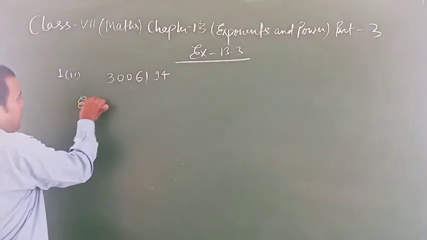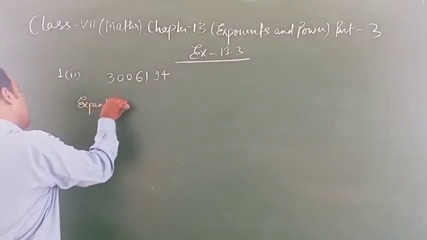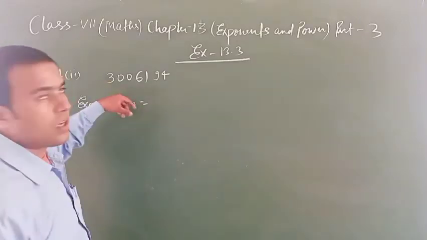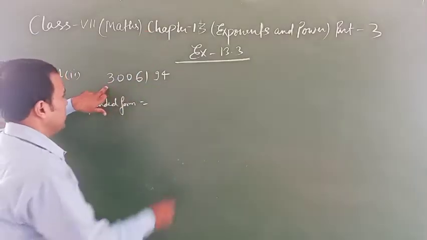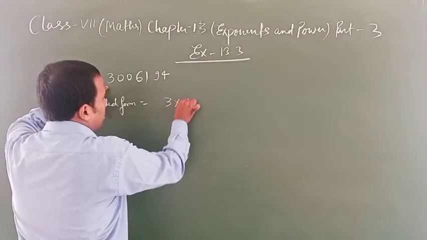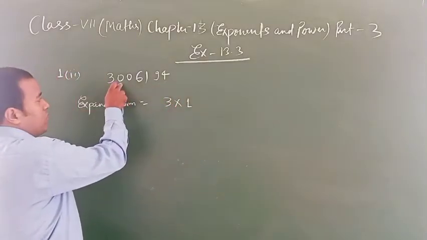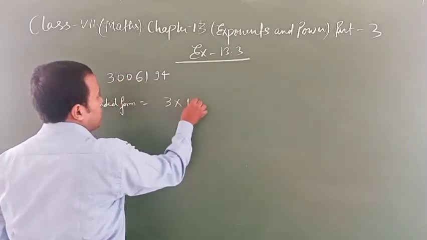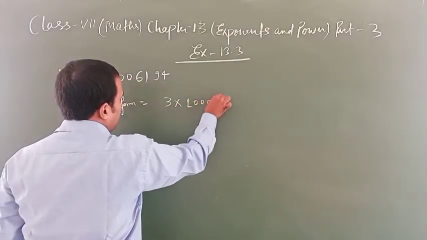Whatever I told in the first part, in this part you follow. 3 multiplied by 1 followed by 6 digits after 3, so 3 into 1,000,000.